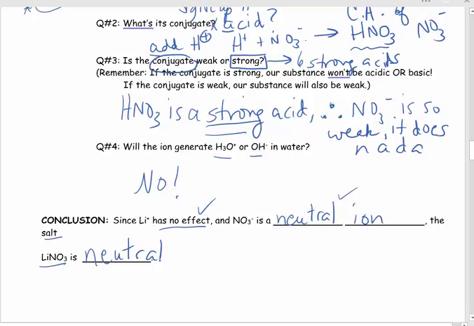Okay, so a neutral salt is one where both ions do nothing in terms of reacting with water to make H3O+ or OH-. So neither one of them does anything. So that's a neutral salt. Notice you have to go through these steps in order to decide whether a salt is acidic, basic, or neutral.